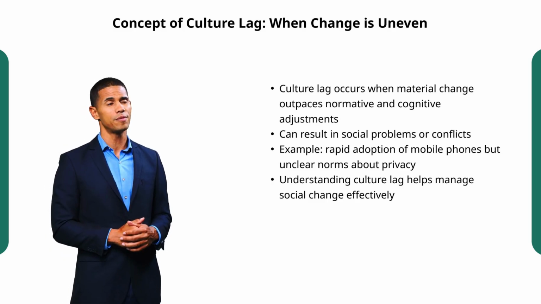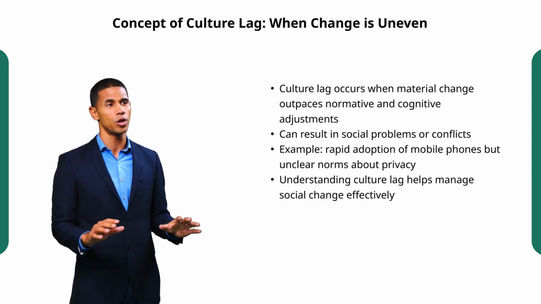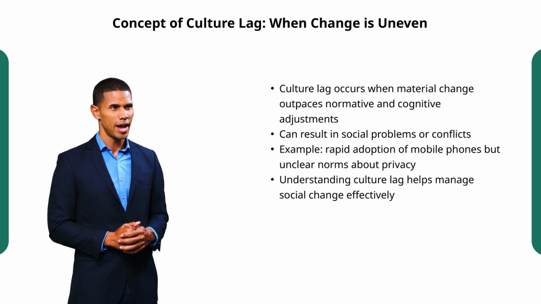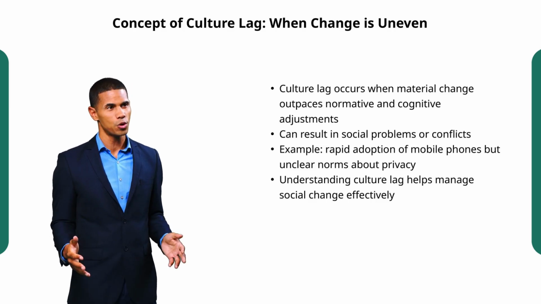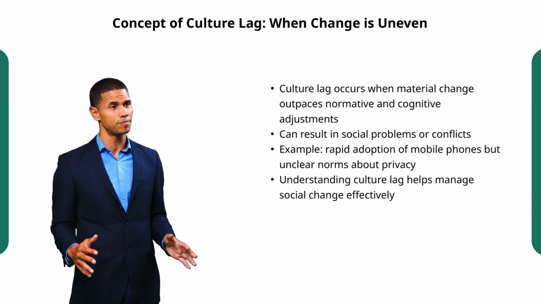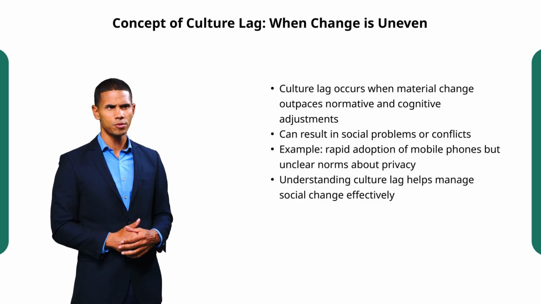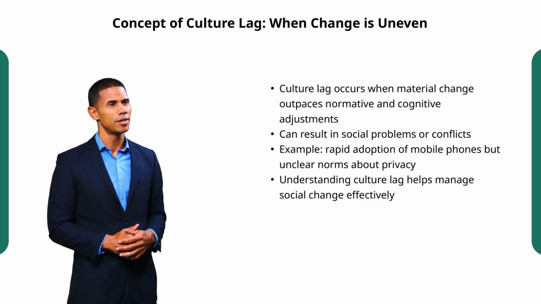Culture lag is a fascinating sociological concept that describes what happens when material culture, like new technology, changes faster than our values, norms, and understanding. For example, consider the rapid spread of mobile phones and social media.